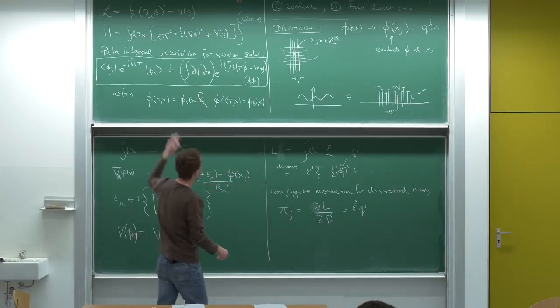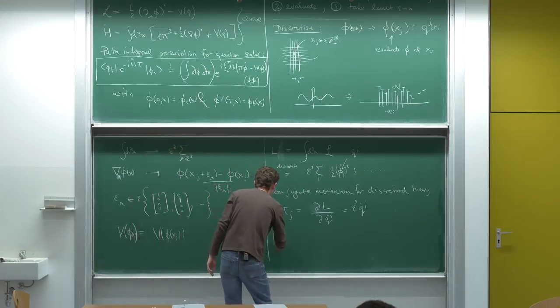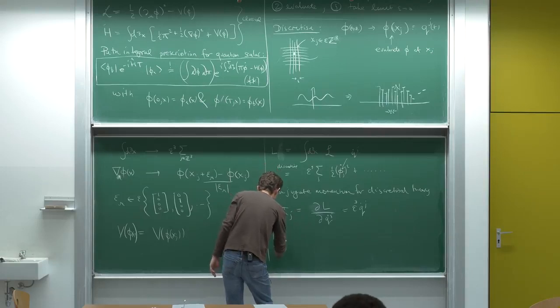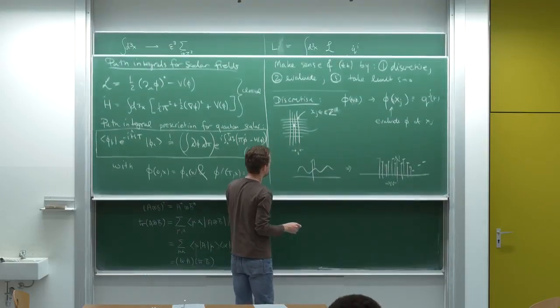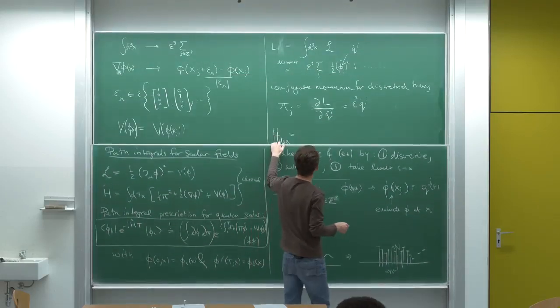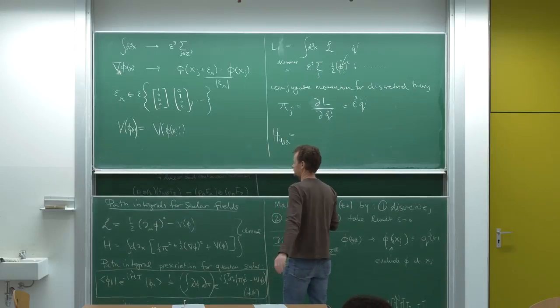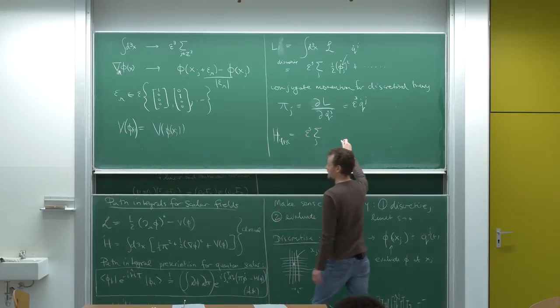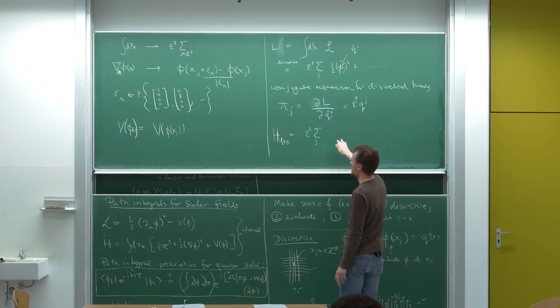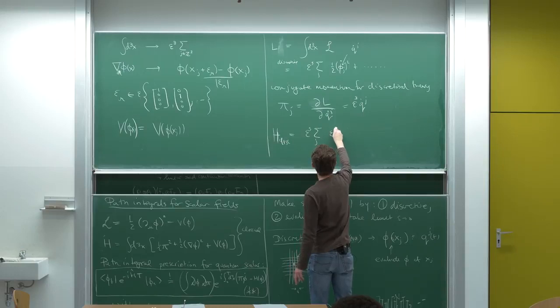So the discretized Hamiltonian for our field equals epsilon cubed sum over j, and now we have to deal with pi j, so half pi j squared gives us an epsilon to the 6.